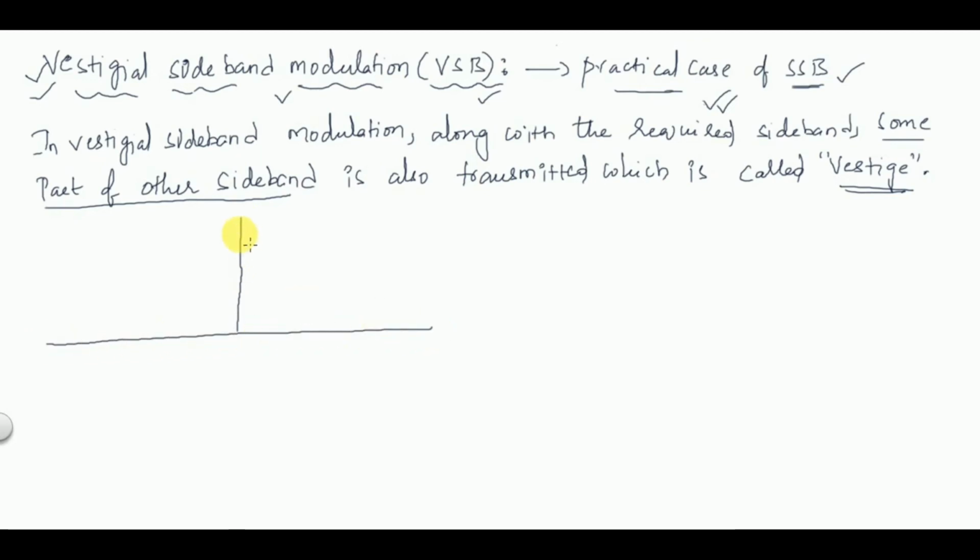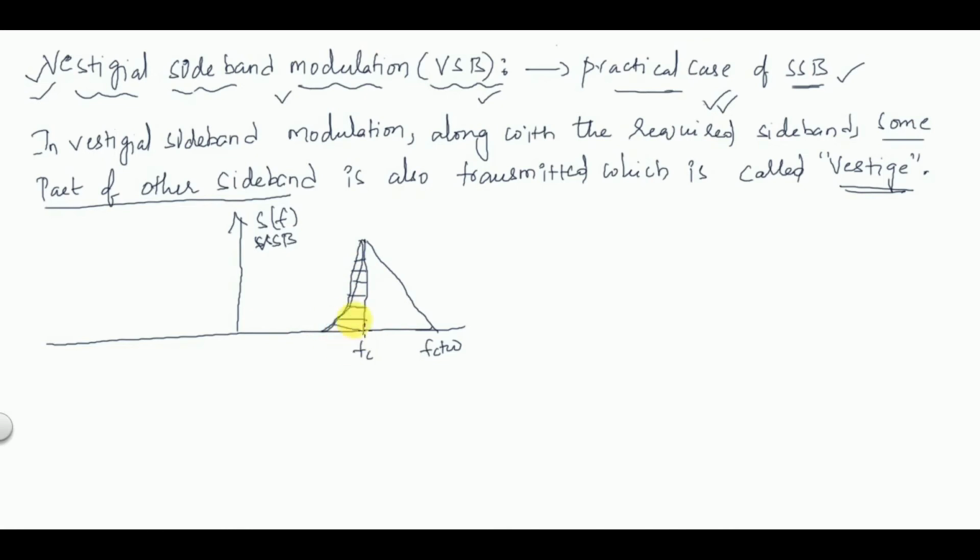So how will the spectrum of a VSB signal look? If you are transmitting the upper sideband, it will be transmitted from FC to FC plus W, and some part of the other sideband, that is some part of the LSB, is also transmitted in the case of VSB.